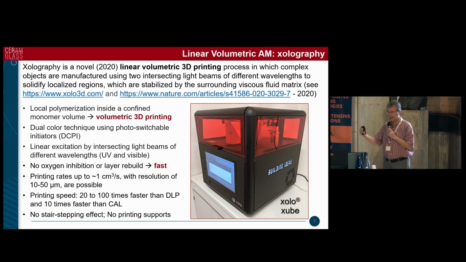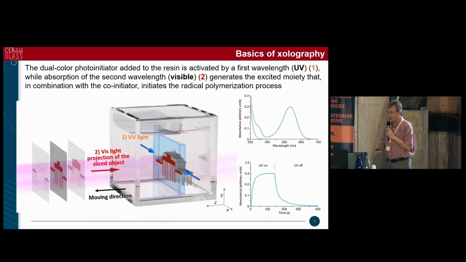All the layer-to-layer interfaces correspond to weak points in a 3D printed part. There are also drawbacks in this technology, namely the fact that it comes with a very specific photoinitiator dual color system, and this causes some limitations in terms of the type of materials that we can use.